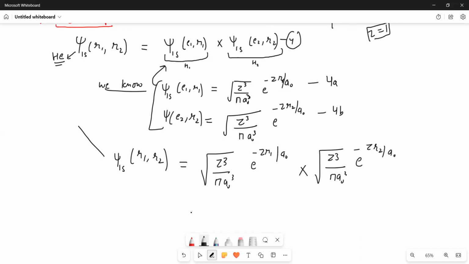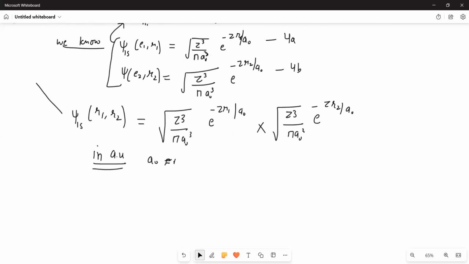Okay, we will write this wave function in atomic units. As I told you, in atomic units we take a naught equal to 1. So everywhere a naught is present, just put it approximately equal to 1.